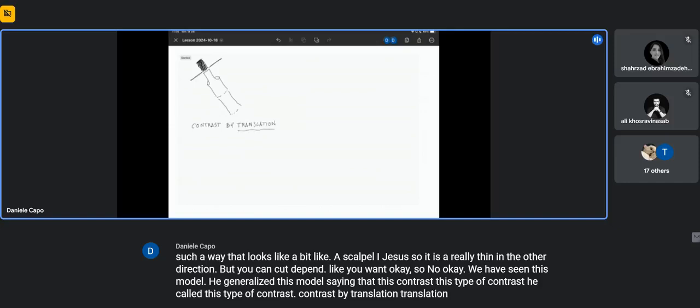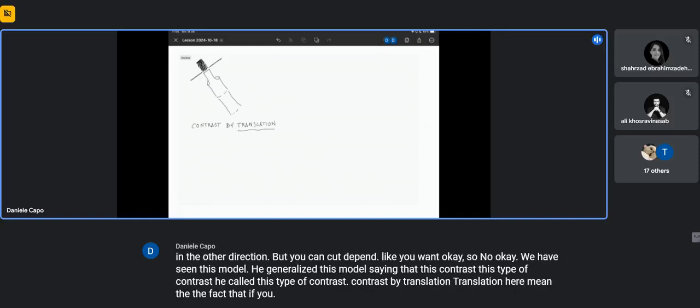Translation here means the fact that if you translate, let's assume this is a trace.